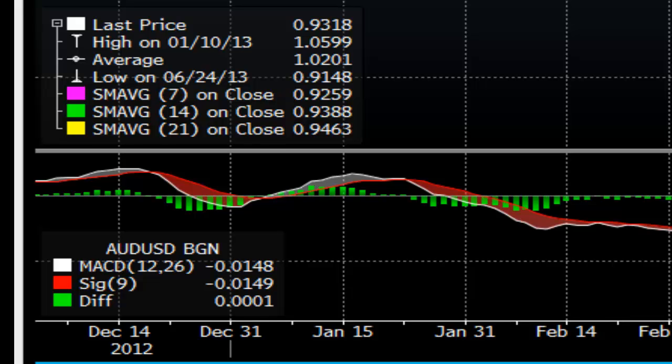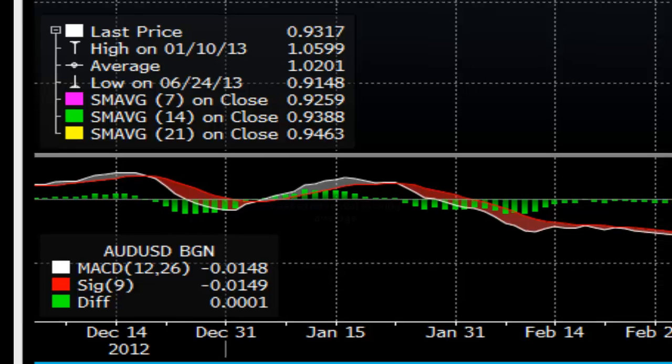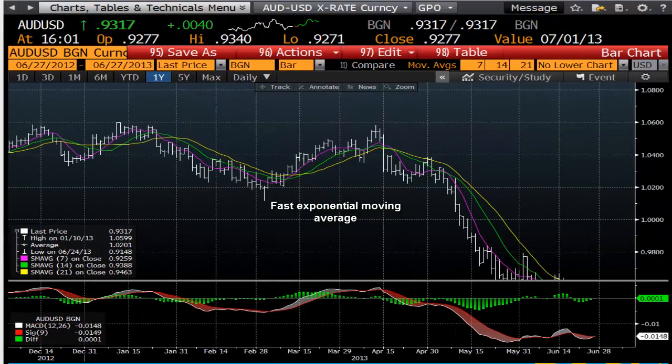And how we do that is we take a fast exponential moving average and a slow exponential moving average, and then we take a signal line of the two. The signal line is a period moving average of the moving average line.